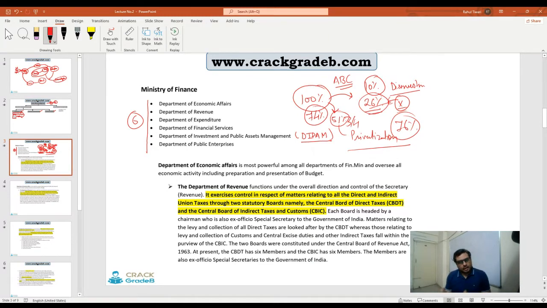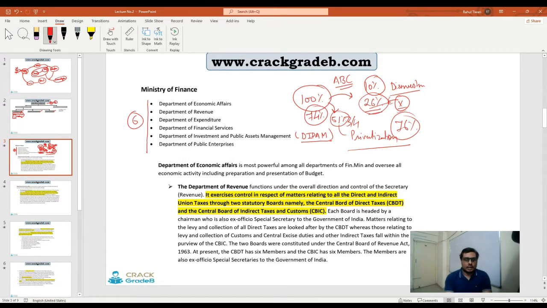When the new government again came to power, they emphasized the need for more, better, and effective disinvestment. More companies are going to be disinvested, and effective disinvestment should be there.